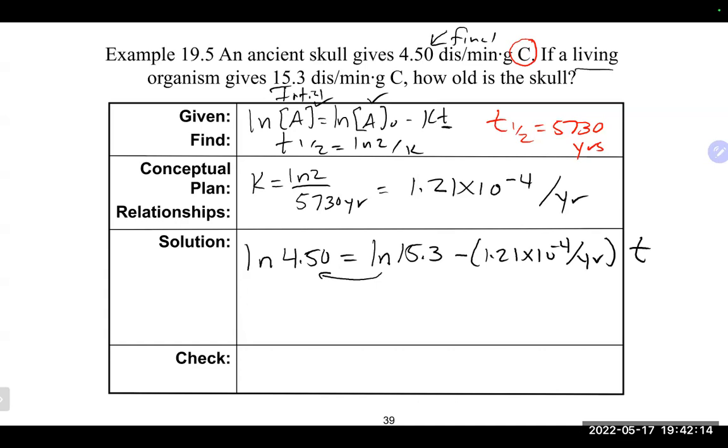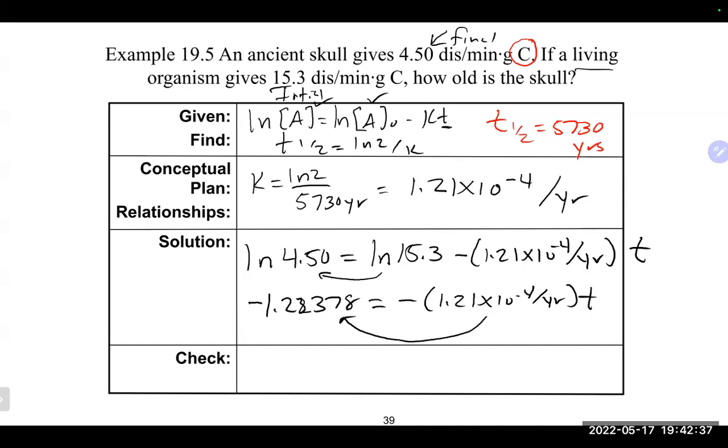That gets you negative 1.22378 equals negative 1.21 times 10 to the minus 4 reciprocal years times T. Clearly, we're going to take this to the other side, and the two negatives will cancel out, giving us a positive.